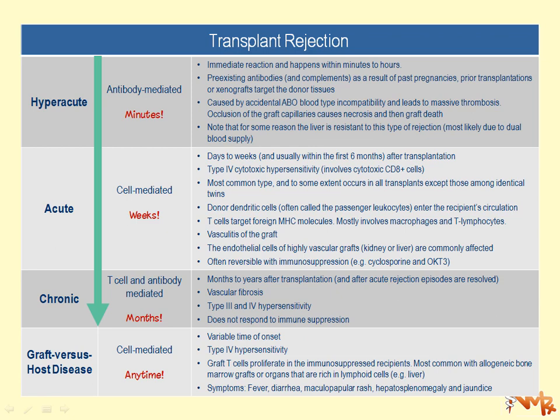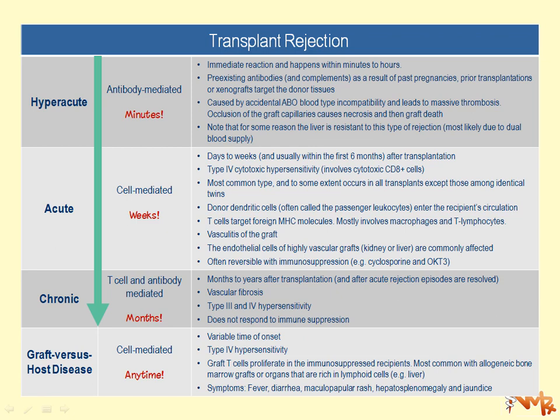The donor's dendritic cells, often called the passenger leukocytes, enter the recipient's circulation. T cells now target the foreign MHC molecules. This type of reaction, as we said, is cell-mediated, mostly involves T lymphocytes and macrophages.